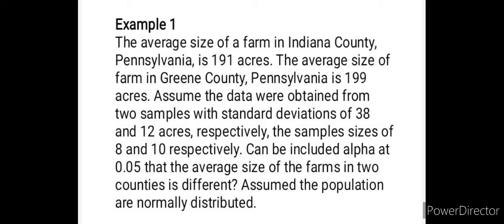Assume the data were obtained from two samples with standard deviations of 38 and 12 acres respectively, and sample sizes of 8 and 10 respectively. Can it be concluded at alpha 0.05 that the average size of the farms in the two counties is different? Assume the populations are normally distributed.